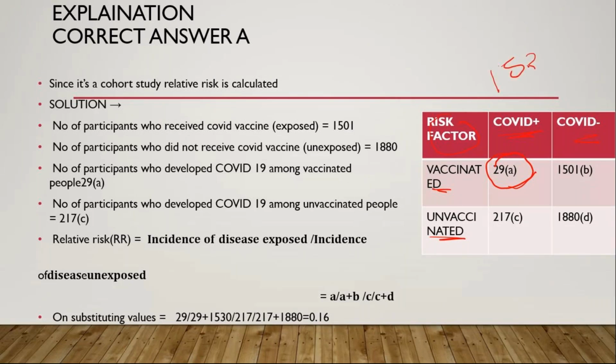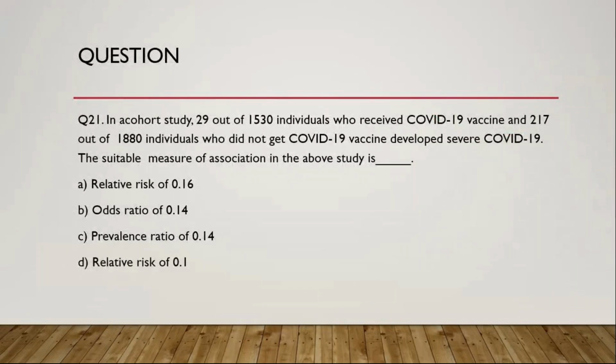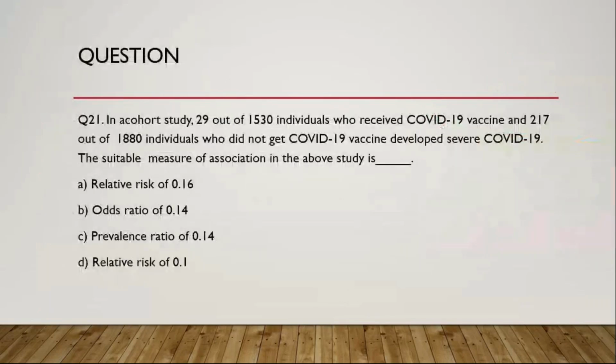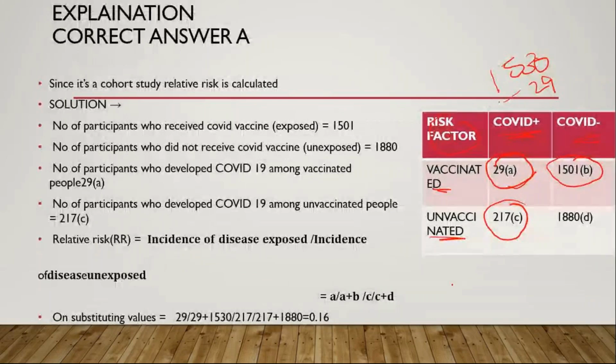So 153 minus 29 will be 124, the vaccinated with COVID-19 absent. And 217 out of 1880 individuals did not get the COVID-19 vaccine. So it is 217 people, and the total is 1880 individuals. So solve A upon A plus B divided by C upon C plus D. Put the values and the answer will come 0.16. I hope the answer is clear to every one of you.